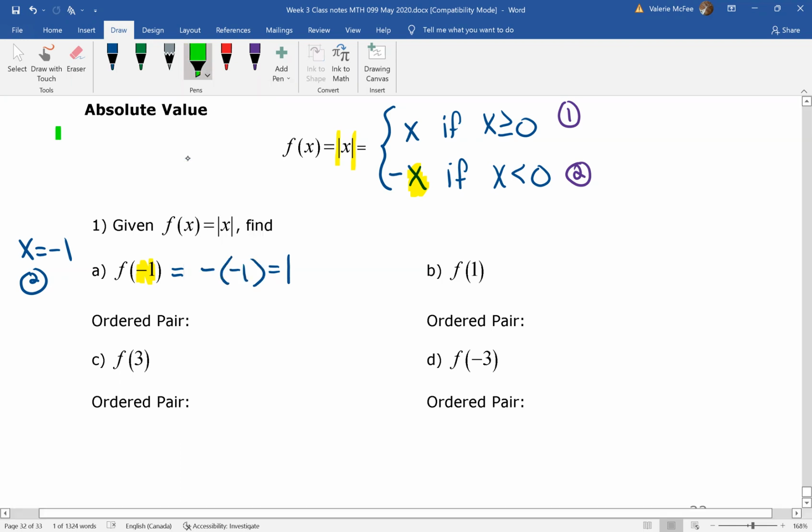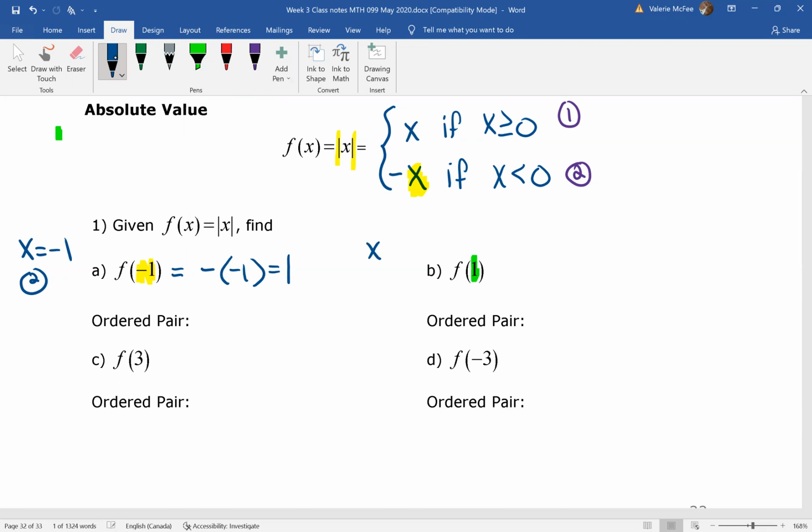In part B, the f of 1 gives me x equals 1. I'm using the first part of our definition because x is greater than 0. If x is greater than 0, I'm simply substituting into x. So the f of 1 equals 1.